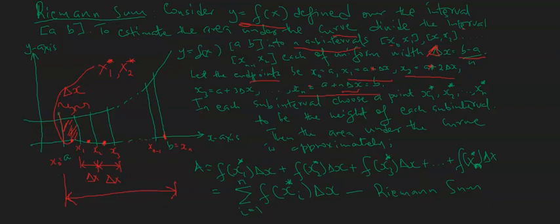The next one will be x star 3, x star 4, up to the last one here. This point will be x star n.